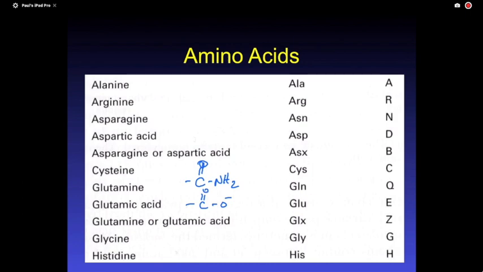So that's why we have this extra designate for glutamate, glutamine, and also for aspartate, asparagine and aspartic acid. Those two have the same conversion, and so we will see these extra two. I'll show you that in a moment. It's called amino acid composition.